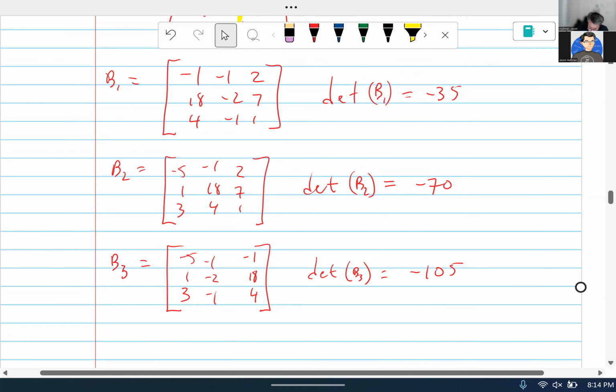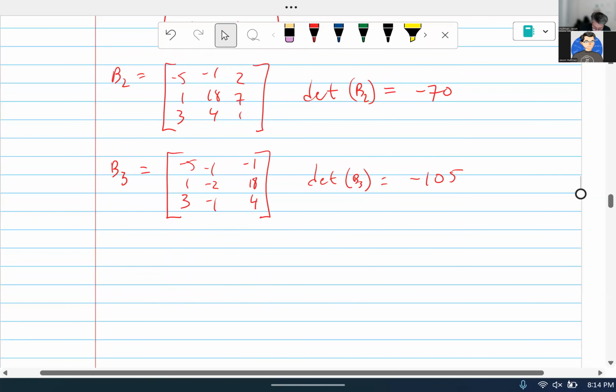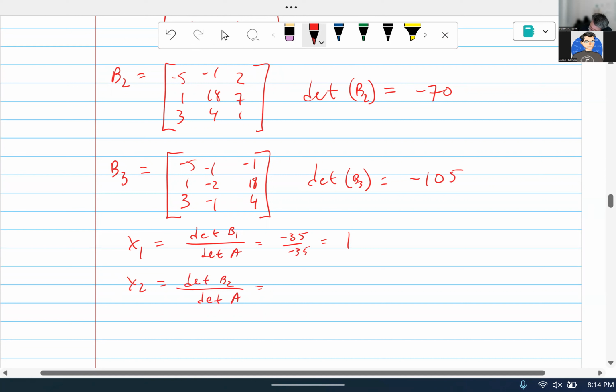How do I find x1, x2, x3, the variables I'm searching for? x1 is the determinant of B1 over the determinant of A, which is -35 over -35, which is 1. x2 is the determinant of B2 over the determinant of A, which is -70 over -35, which is 2.